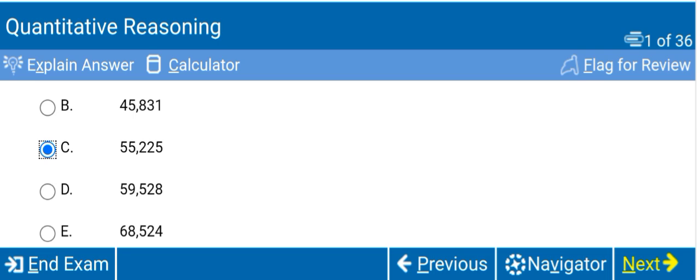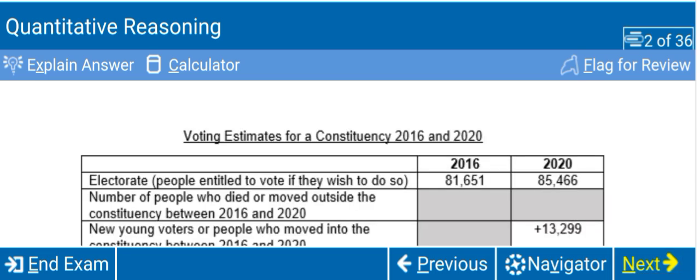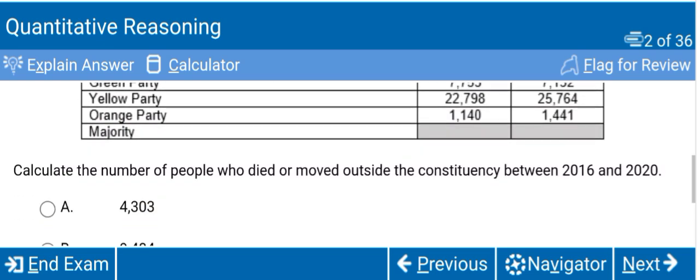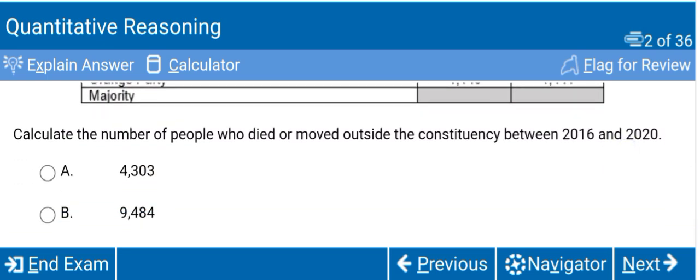Next we have question number 2. Again we have the same data and information, but the question is different. Now they ask to calculate the number of people who died or moved outside the constituency between 2016 and 2020.